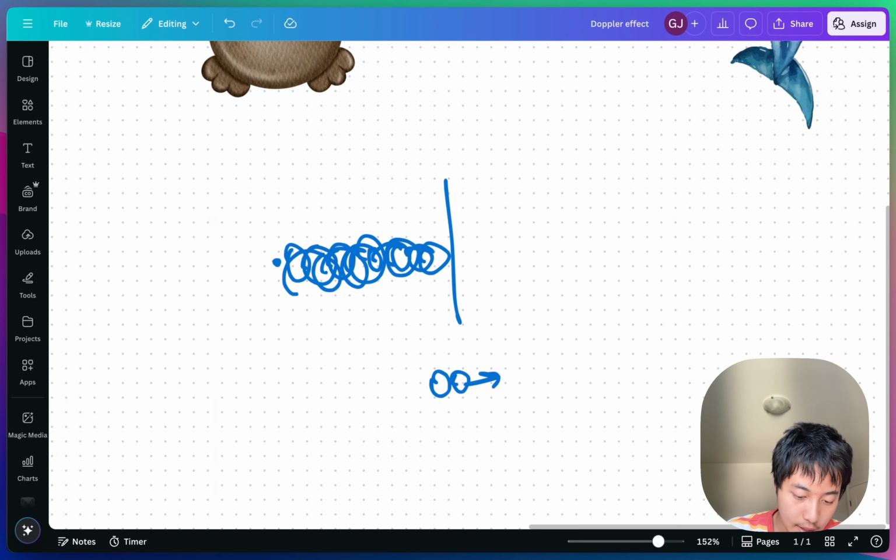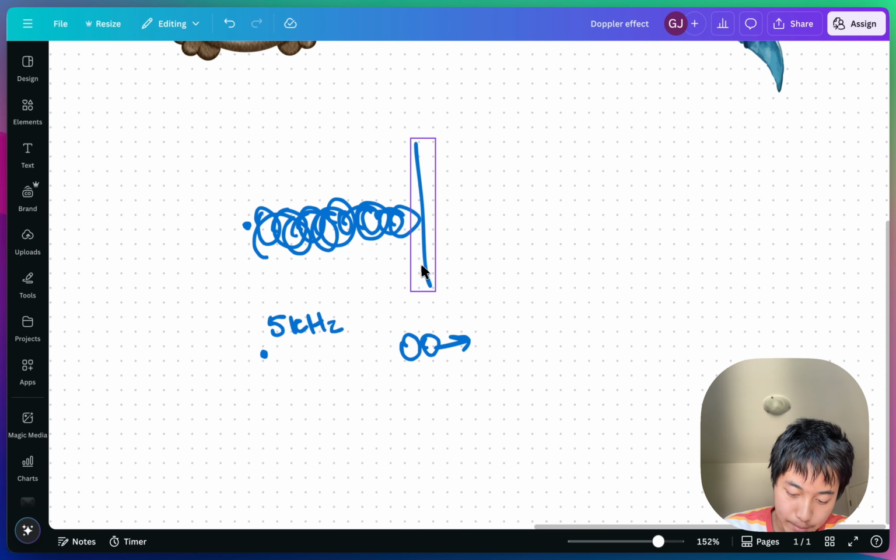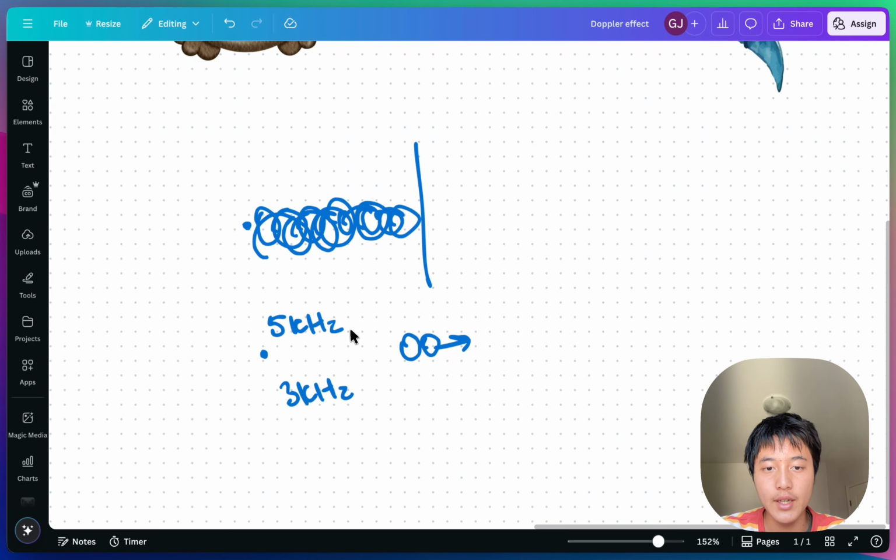And so the bat, let's say it emitted a frequency of 5k hertz, 5,000. And once it bounces back, it hears a frequency of 3k hertz. And so it's going to know that because it's going to hear a pitch that's lower. And therefore it knows that the prey is traveling away from it.